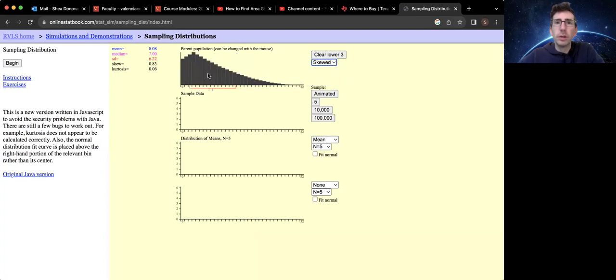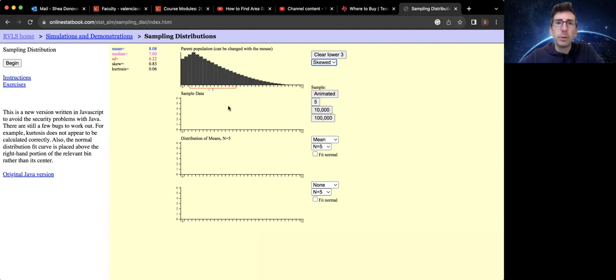For this illustration, let's start with a skewed population distribution. This could be just about any population we could think of. You can see we're given here the mean, median, and standard deviation of our skewed distribution.